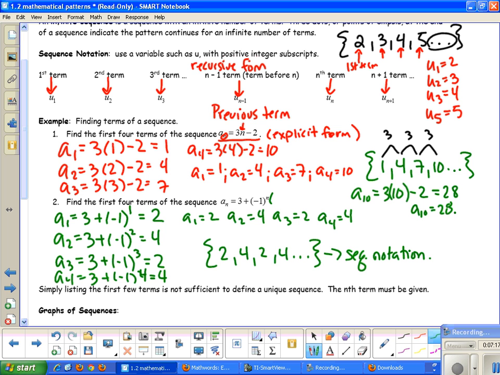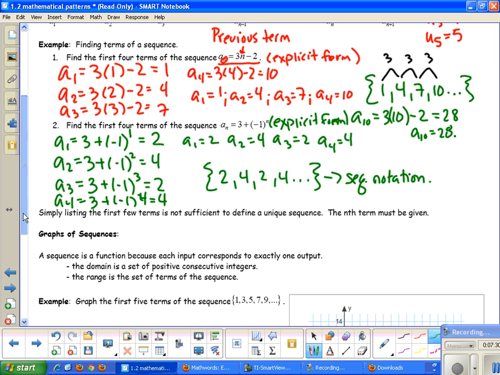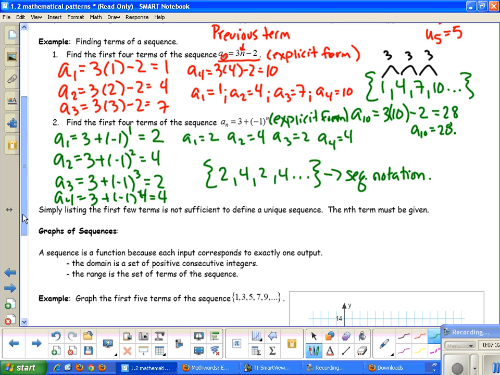And again, this is an explicit form. And again, we'll talk about that in a little bit. So simply listing the first few terms is not sufficient to define a unique sequence. The nth term must be given for our sequence notation, which is what we had in those last 2 formulas.